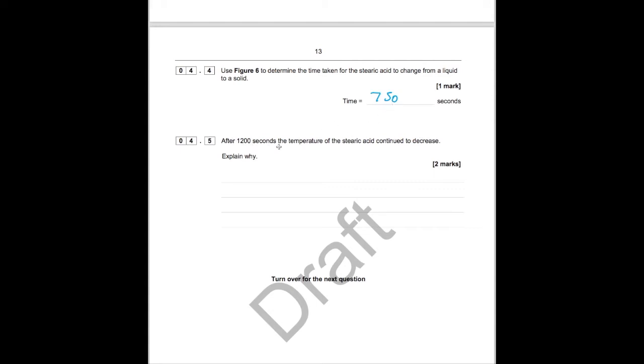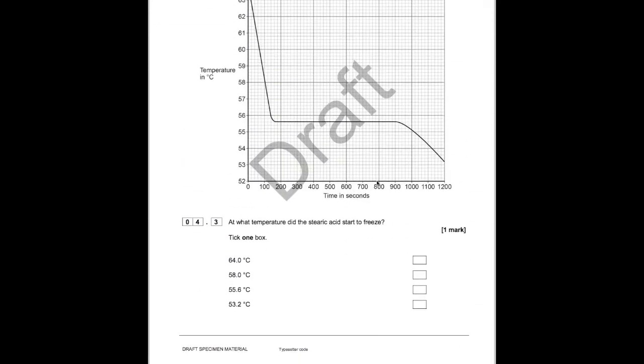After 1200 seconds, the temperature of the stearic acid continued to decrease. Explain why. Well, at 1200 seconds the temperature is still at 53.5 degrees-ish.